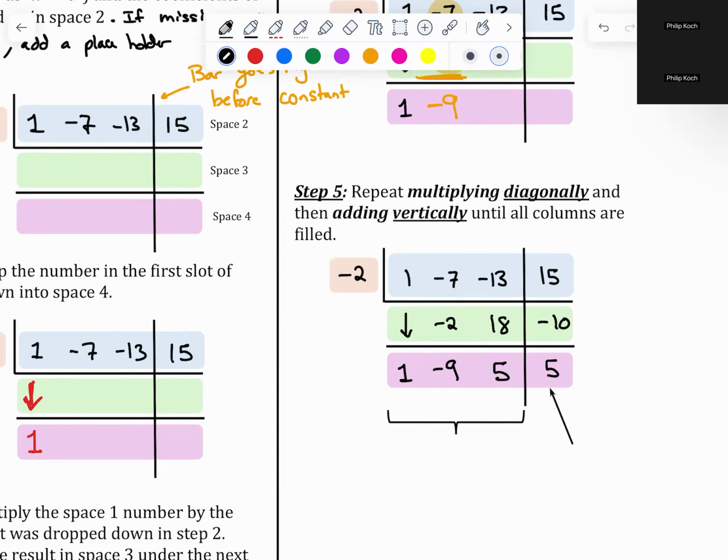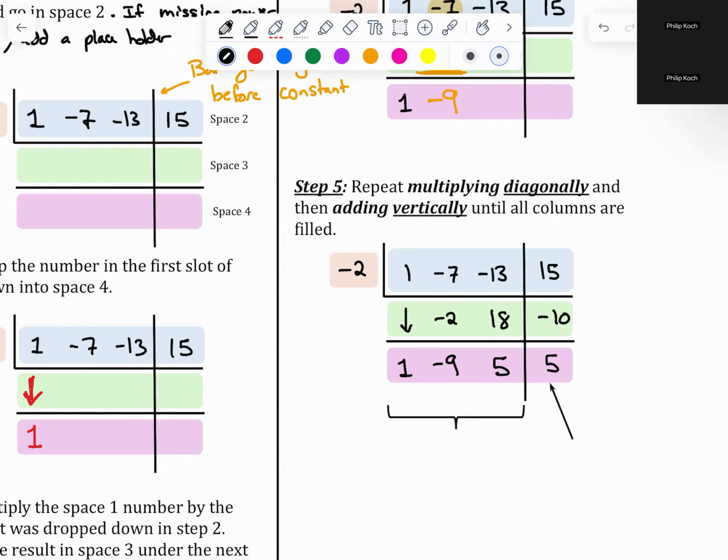How are we done, Phil? That's not a polynomial. That's not a remainder. That's not a divisor or a dividend or a quotient. It is. It's the coefficients. The first three numbers, the numbers before the vertical bar, these are the coefficients of the quotient.